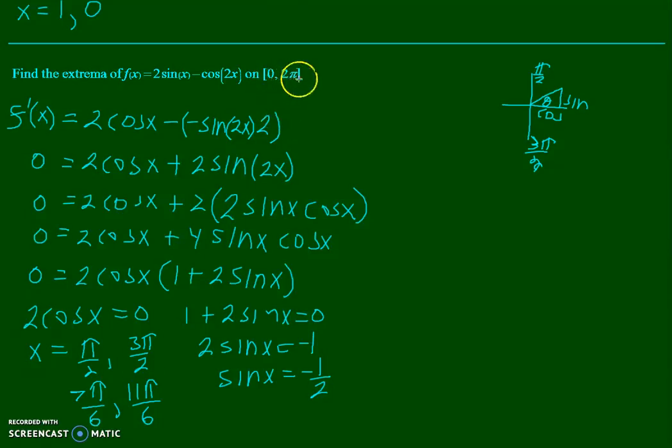And so we're going to have 6 now. We're going to test at 0, pi over 2, 7 pi over 6, 3 pi over 2, and 11 pi over 6.